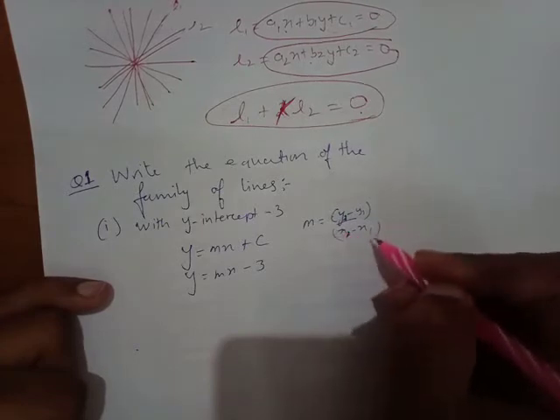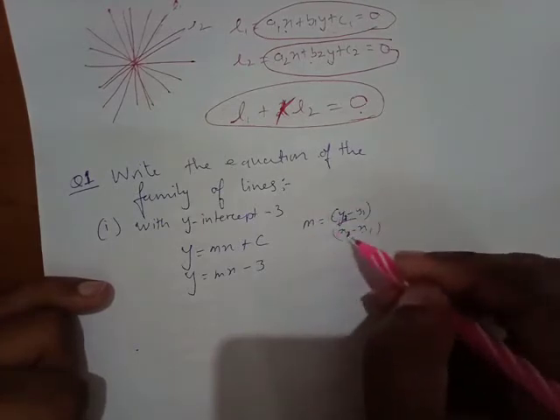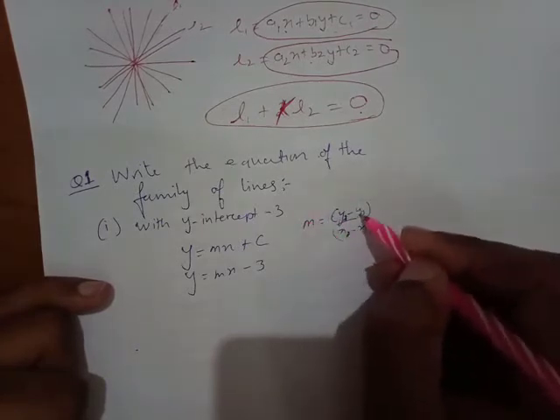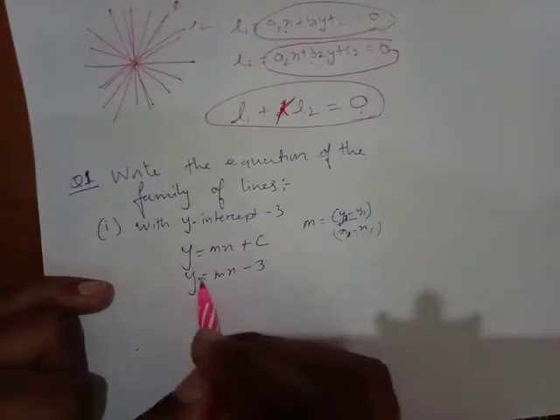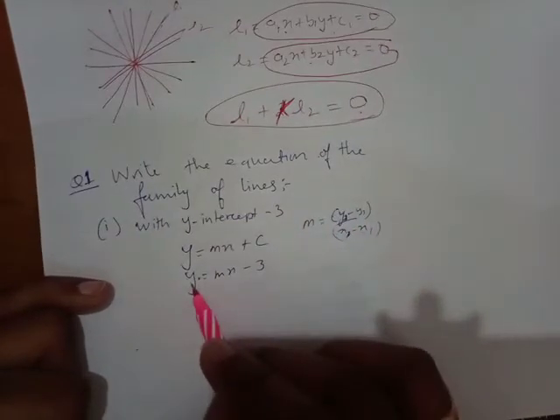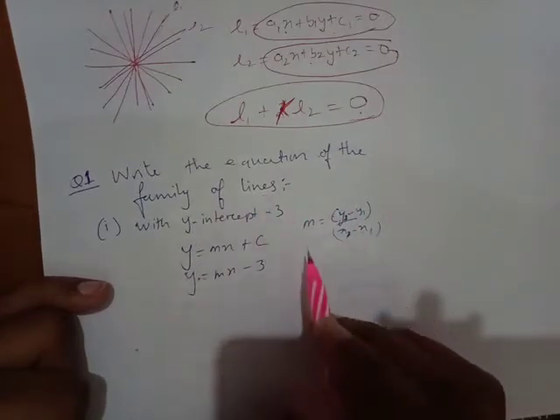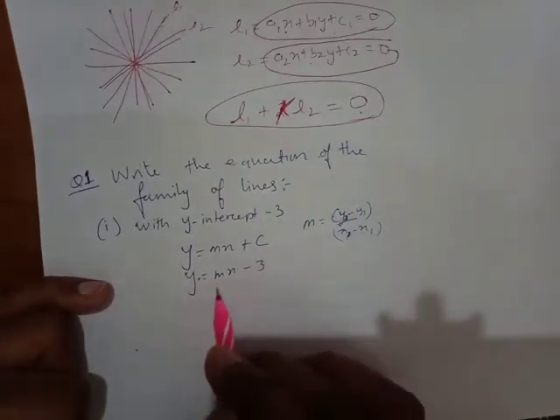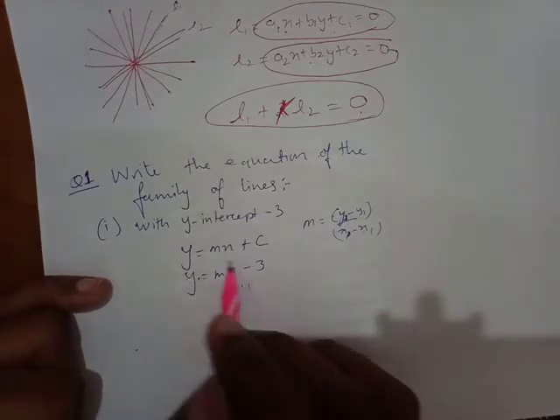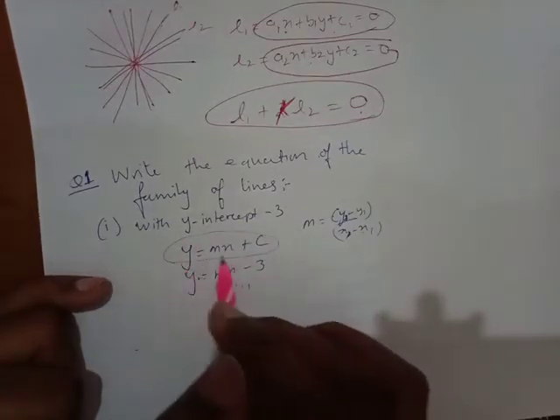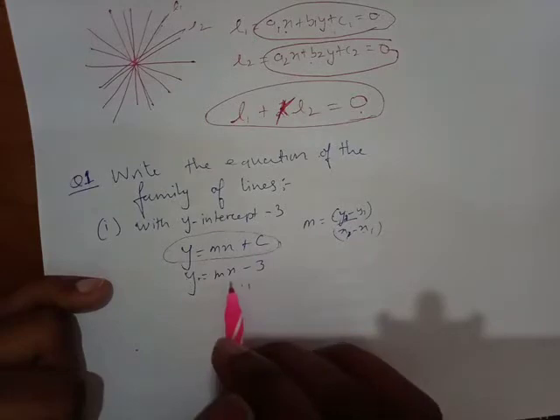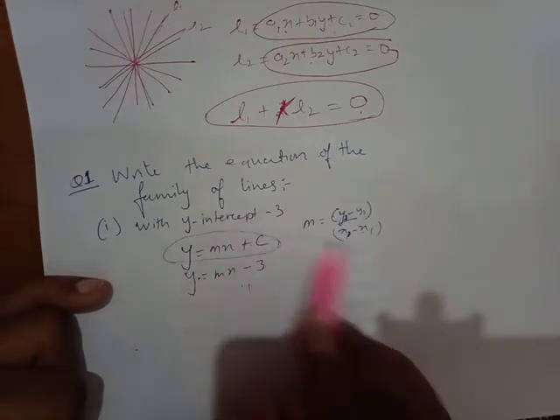You can shift terms around, and x is going to be 0, y is going to be 0, because it is the y-intercept. Like that you can end up getting this equation as well. But I'm going to use this directly, because I know that when the y-intercept is given, the equation is this.